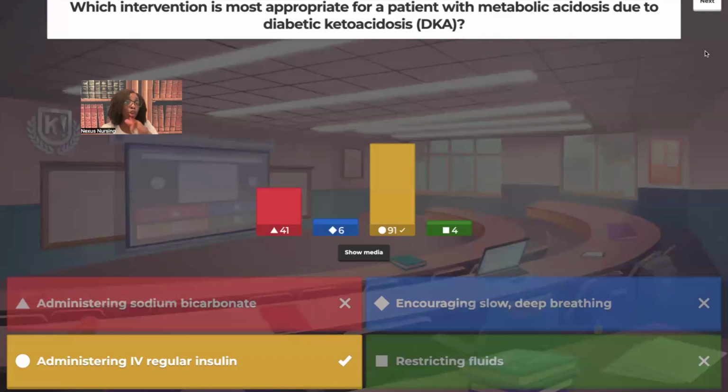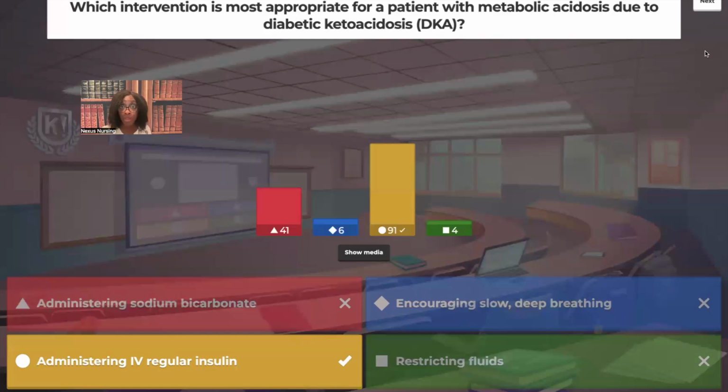And you're telling me your solution is for them to breathe slower, which means they're going to hold on to their CO2, their carbon diacid, because remember, CO2 is what? Acidic. This patient is already in an acidic state, and your idea is to make them breathe slower to hold on to even more acid.